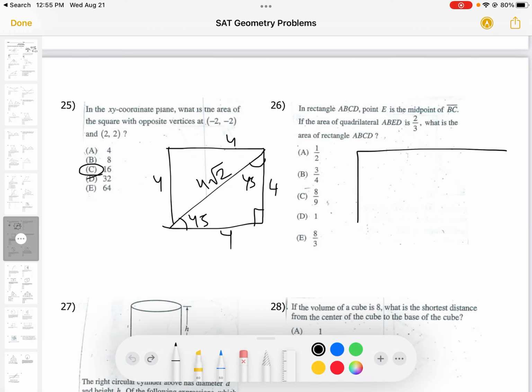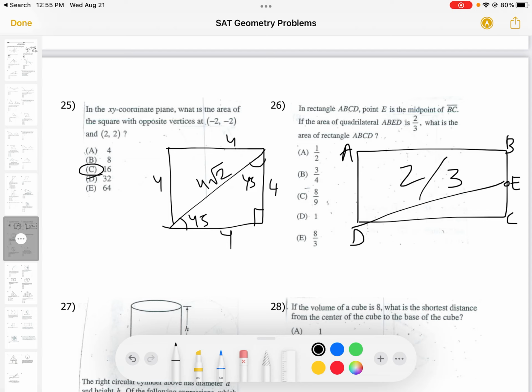So, like I said, we have A, B, C, D. Point E is the midpoint of BC. We know that the area of quadrilateral ABED is 2/3, and we want the area of the rectangle. So we let the length be X and the width be Y. We know DC is X and EC is Y/2 because it's the midpoint.